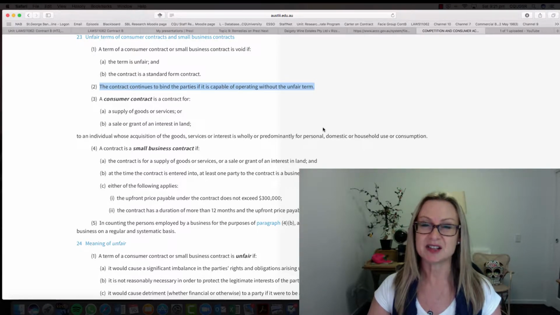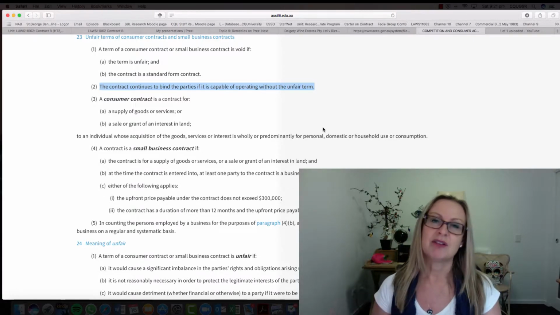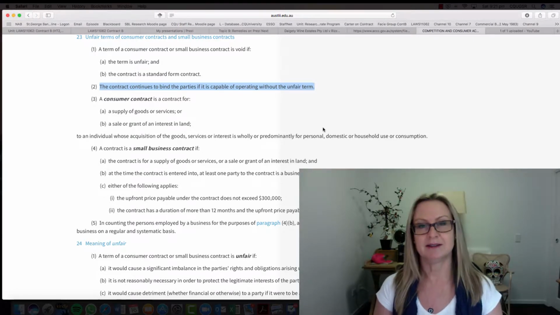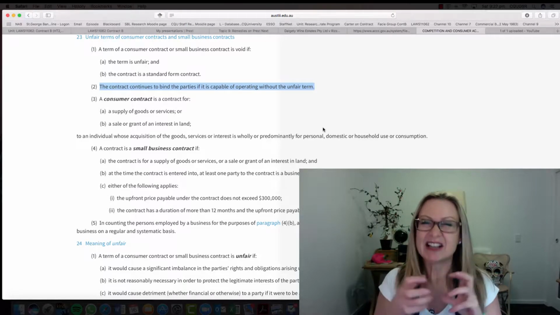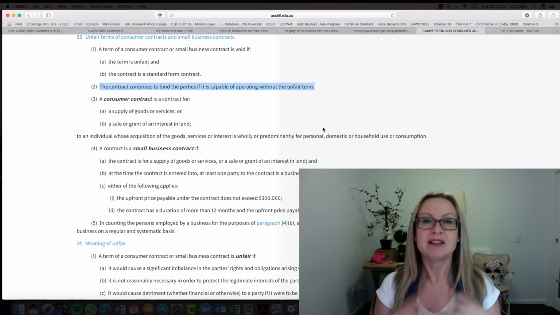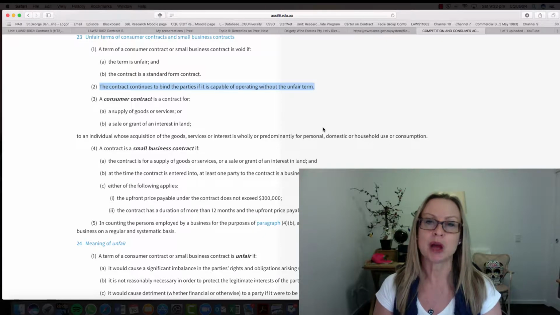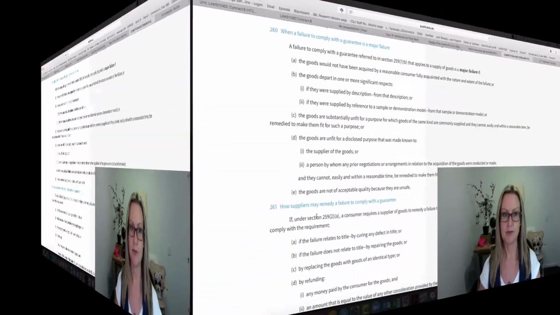So as it says in your study guide, if in fact a court can sever out that obnoxious unfair term, the contract can quite happily roll along as it was always intended to do. Problem is, if that unfair term is stuck like glue to the rest of the contract, then in fact the whole contract will likely be struck down. So they are your remedies for unfair contract terms. Pretty severe. Either the term's void or the whole contract's void.